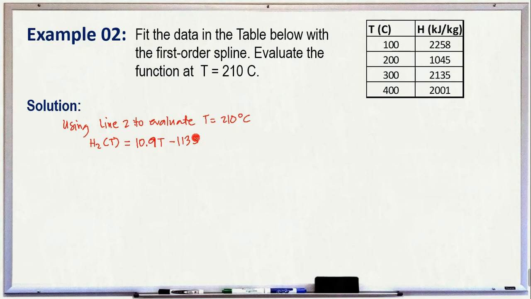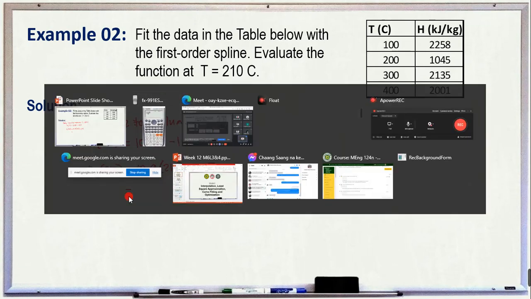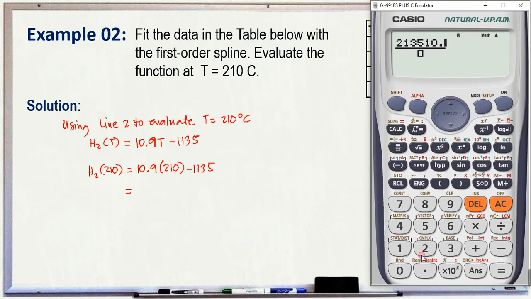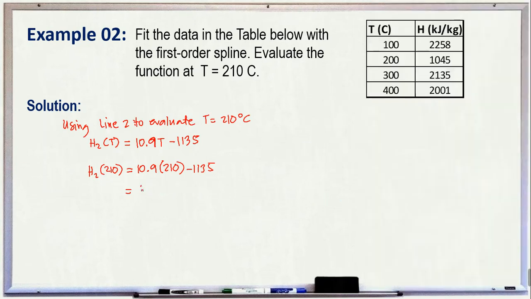And substituting, so we have h2 of 210 is equal to 10.9 times 210 minus 1135. So pila may answer ana? 1154, sir. 1154.